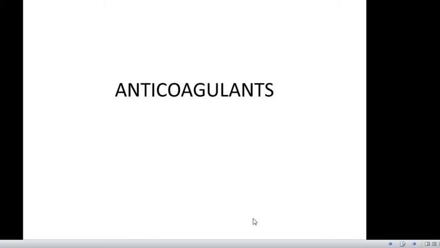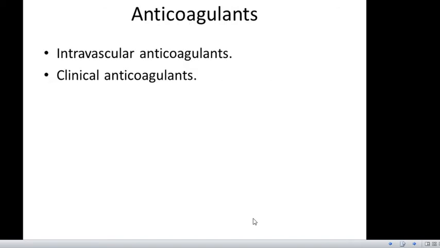Now let us study anticoagulants. The anticoagulants can be grouped into intravascular anticoagulants and clinical anticoagulants.